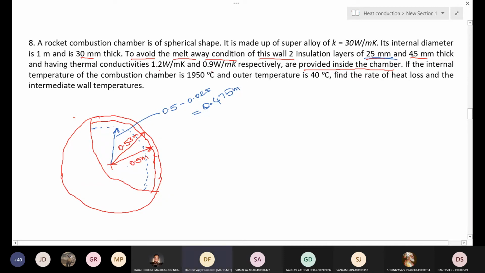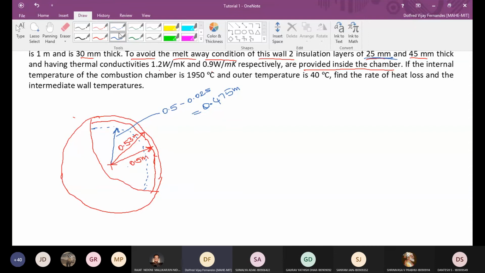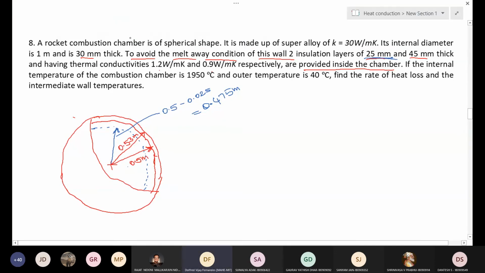The next layer to the spherical wall has 45 millimeter thickness, so you have to put one more layer. It's very difficult for me to draw here, but I hope you can follow.